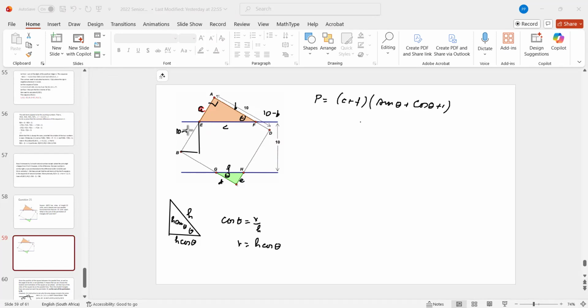This is d, so I'm going to make this 10 minus d. The whole thing is 10, so it's 10 minus d. And I'm going to make this the hypotenuse.